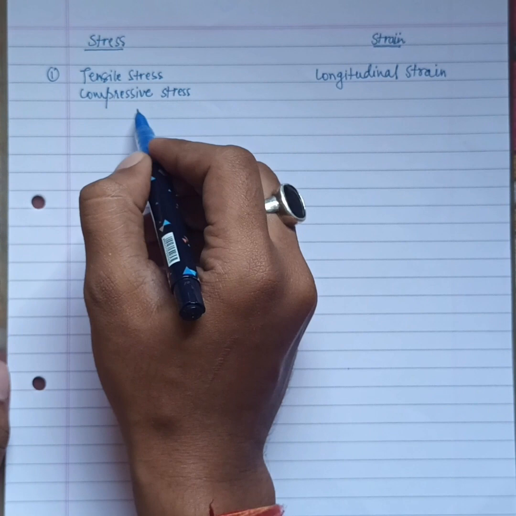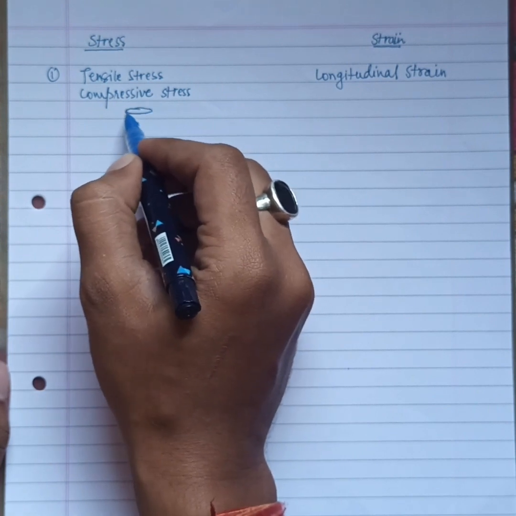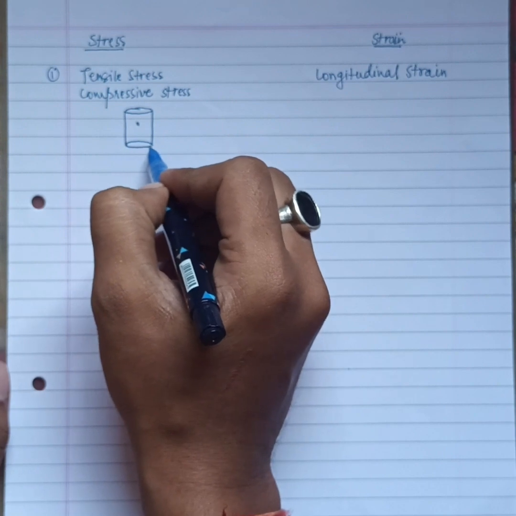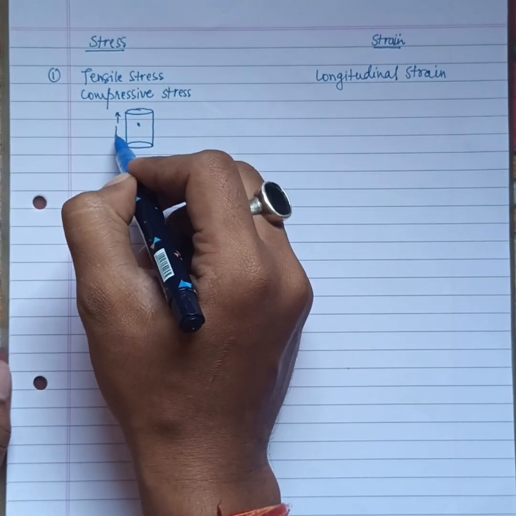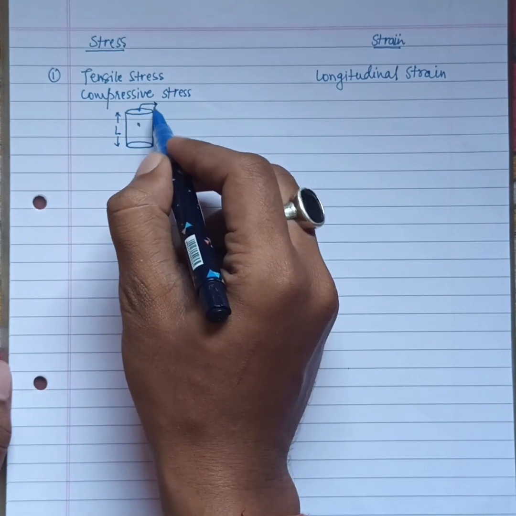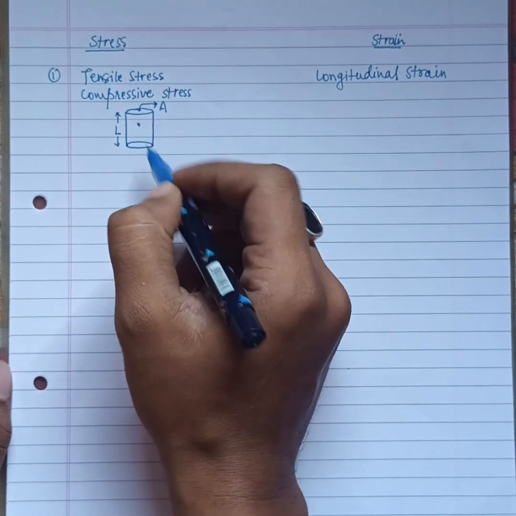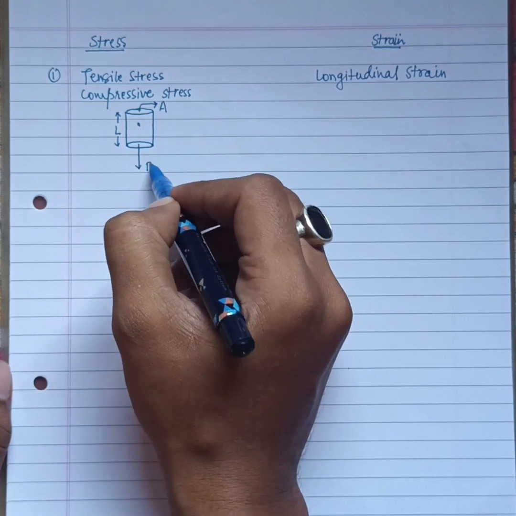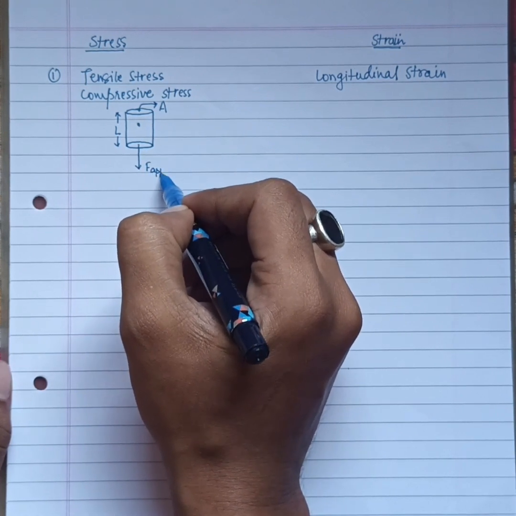Let us consider we have a rod whose length is capital L, and the area of cross section, let us consider this is A. When we apply an external force, what happens?